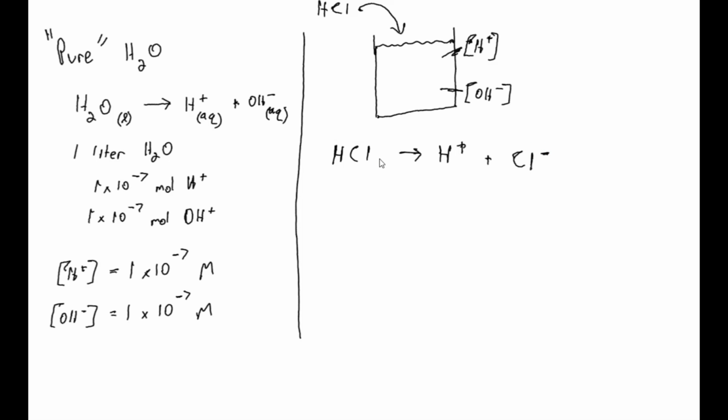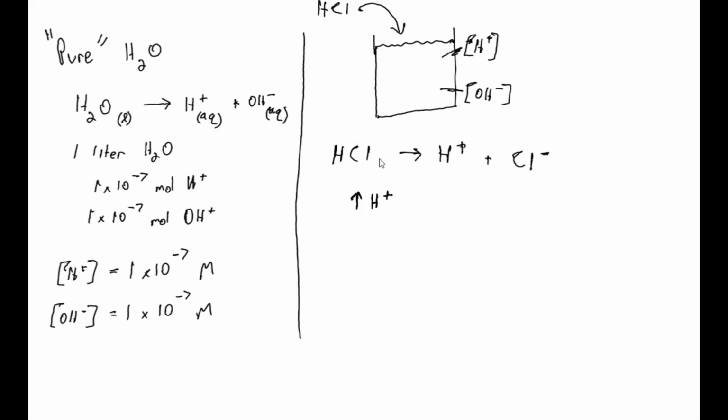Now it should be fairly obvious that this is going to increase the amount of H plus in the solution, right? We added HCl. When we did that, we were adding hydrogen ions directly into the solution. So it shouldn't be too surprising that one of the consequences of adding HCl is an increase in the hydrogen ion concentration. What's less obvious is the effect on the hydroxide ion concentration.